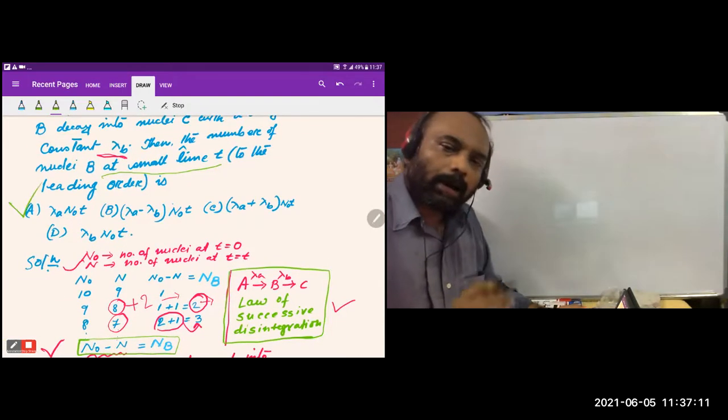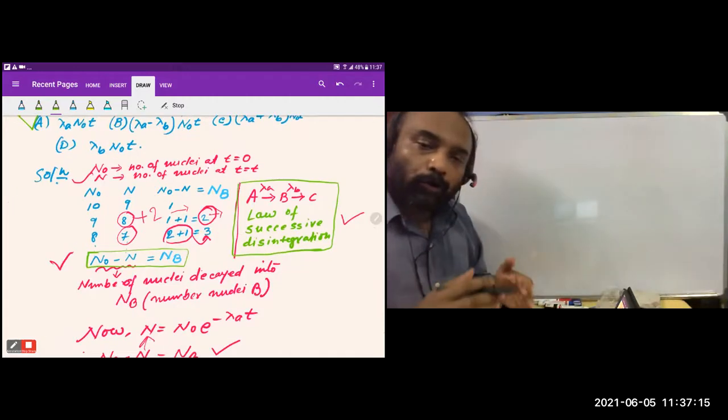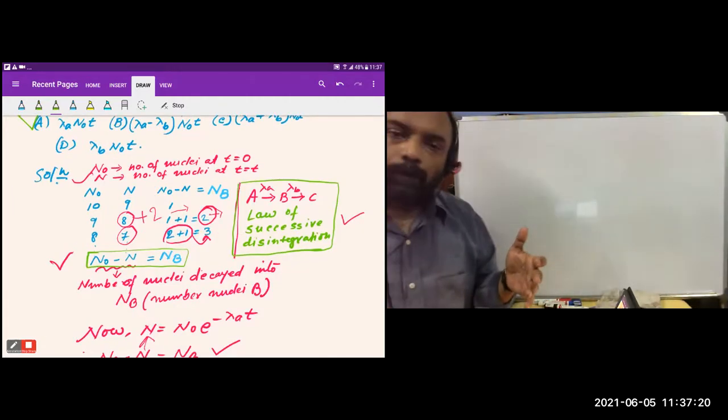Option A is the correct answer. We can also do a lengthy calculation using the successive disintegration formula.